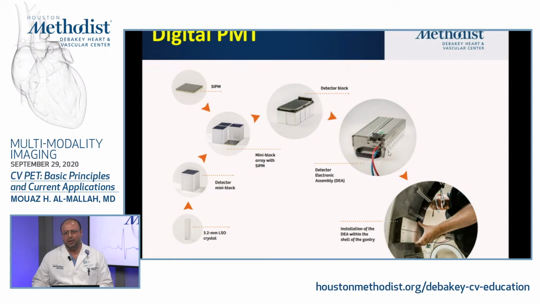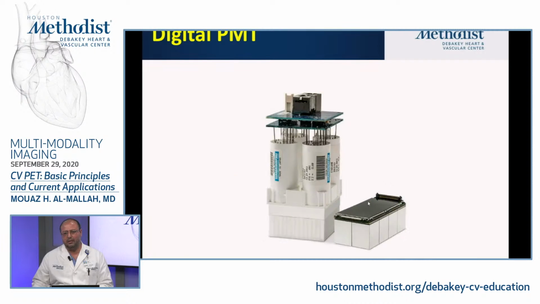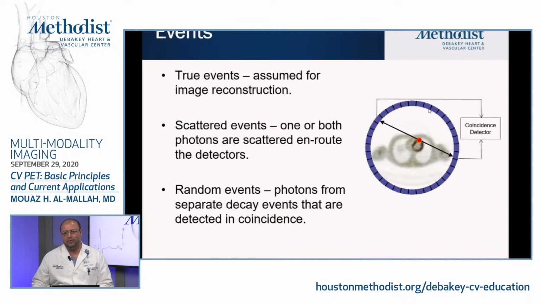Now each one of these blocks is going to be taken out, and this detector assembly is going to be moved out and just put around the patient. So this is the traditional one, and this is the digital PMT. And now we just put it all around the patient.